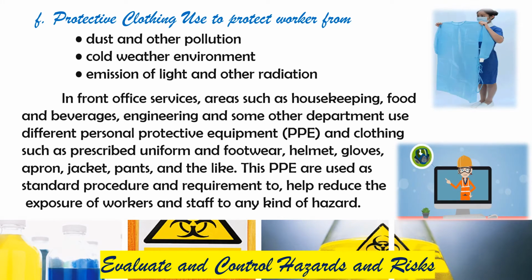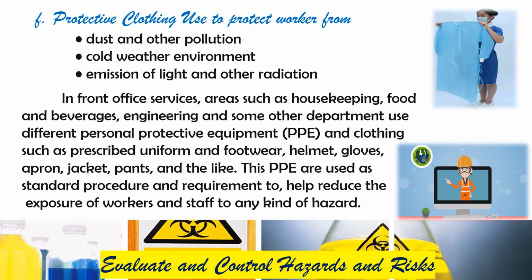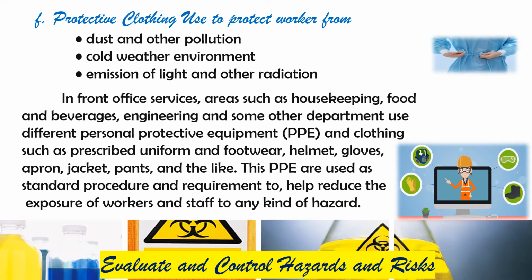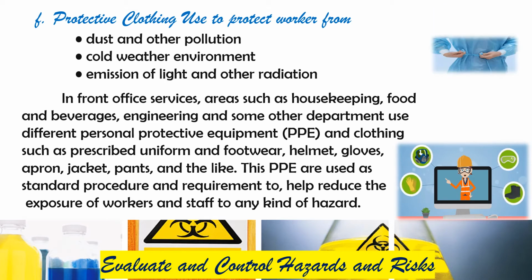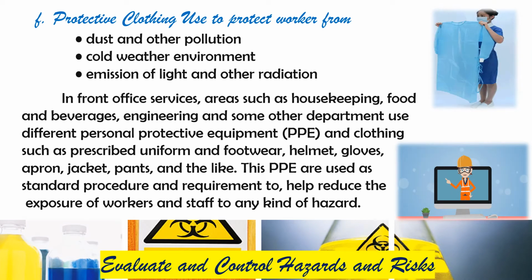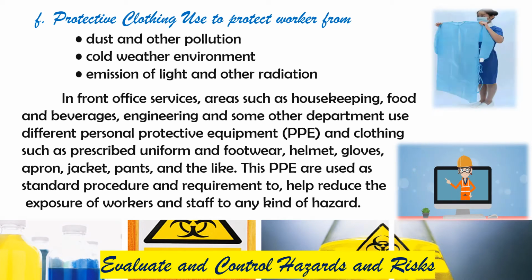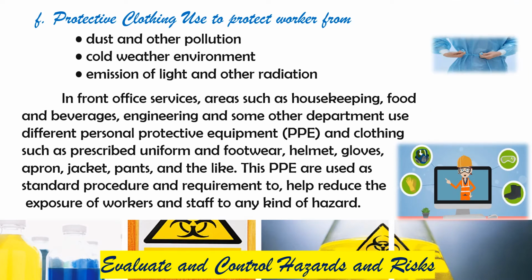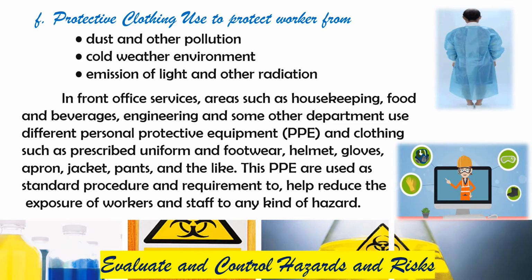In front office services, areas such as housekeeping, food and beverages, engineering, and some other departments use different personal protective equipment or PPE and clothing such as prescribed uniform and footwear, helmet, gloves, apron, jacket, pants, and the like. These PPE are used as a standard procedure and requirement to help reduce the exposure of workers and stop any kind of hazard.